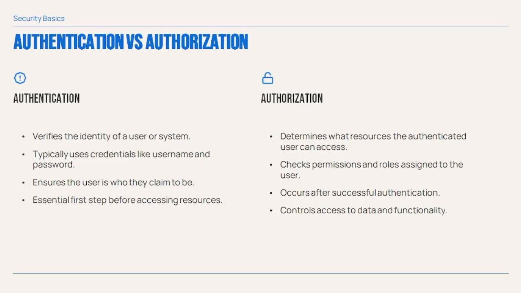Next, for example, a role like: I want to view an order. Whether you have a particular role to view an order, process the order, etc. So based on your role, you can access the particular resource. And before authorization, you have to make sure that the user has been successfully authenticated.